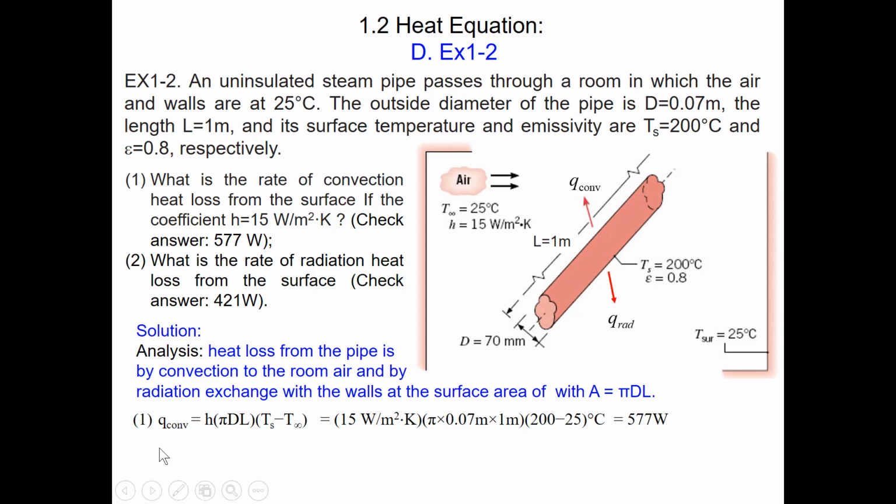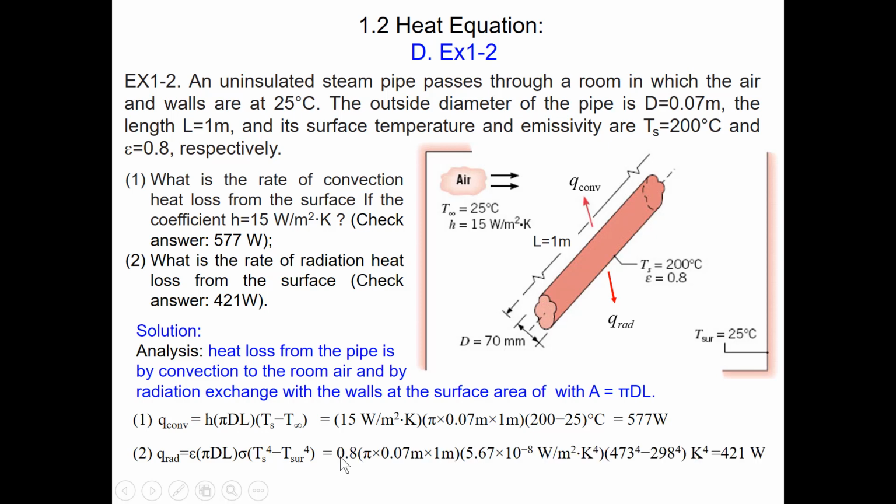The second heat loss is from radiation. So you can select the radiation rate equation, which is emissivity times the surface area times the constant times the T to the fourth power difference.